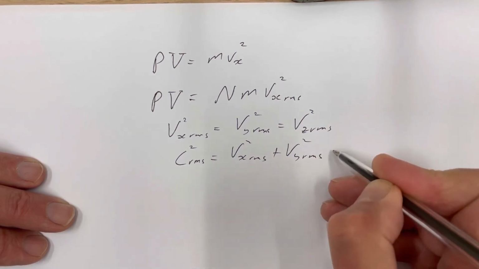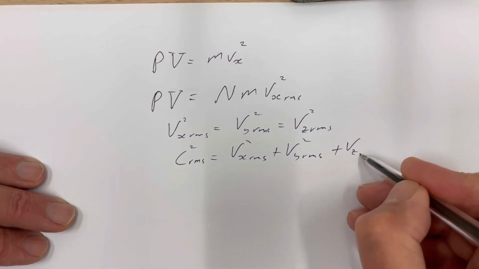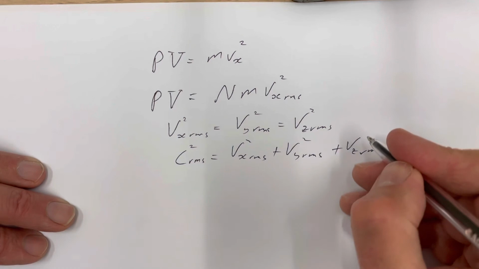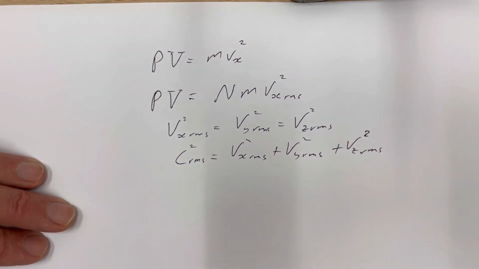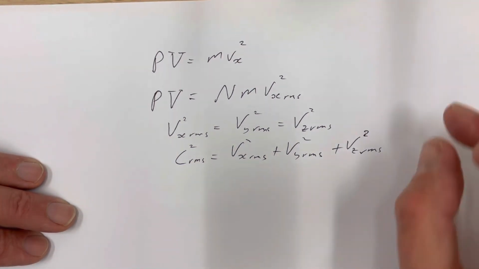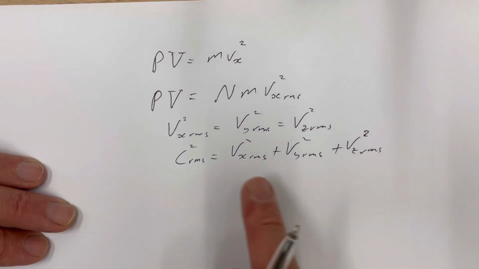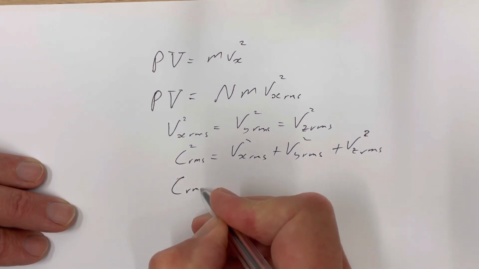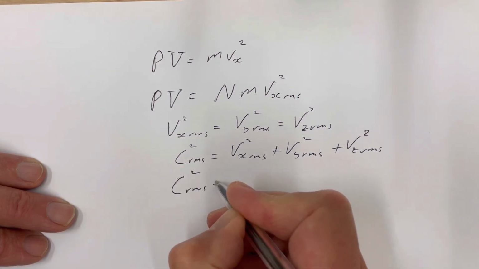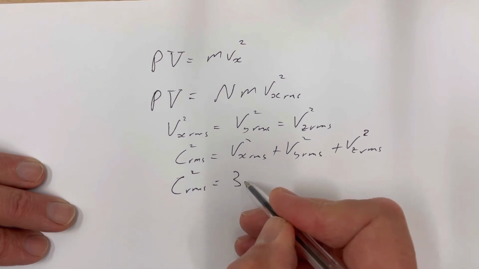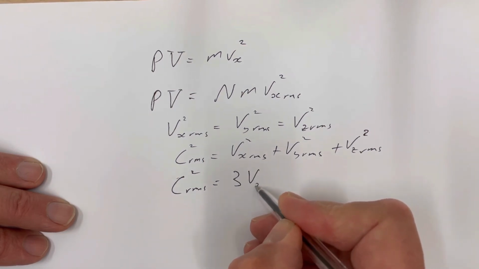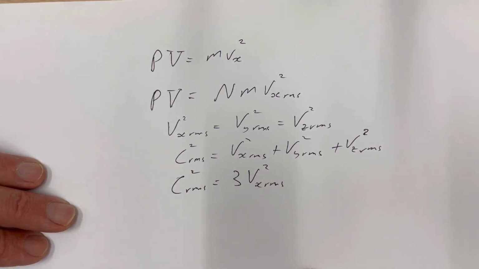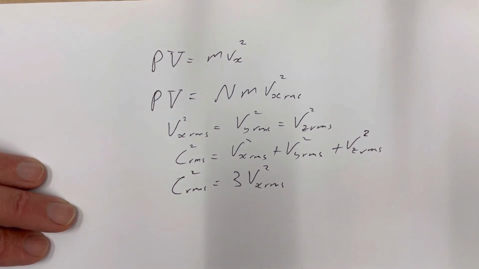This is where it's a bit tricky, because you could argue that I could have done the Pythagoras first, not on the means, and I have seen it done both ways, so that's one of the reasons I think it's a harder bit to examine. But on average, these three things are equal, aren't they? So that's just equal to 3 times the mean x value of the velocity squared.